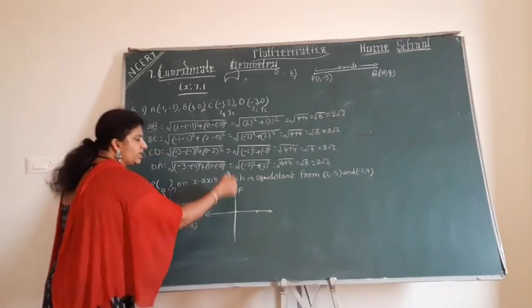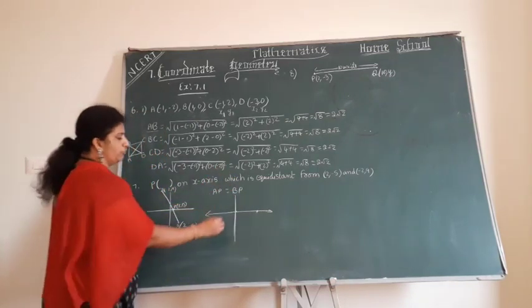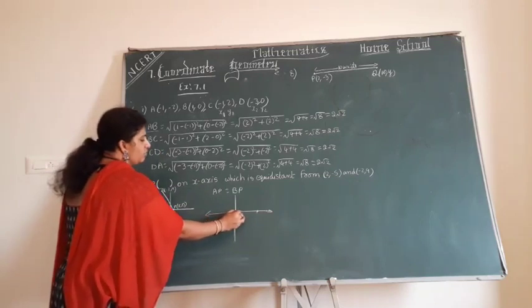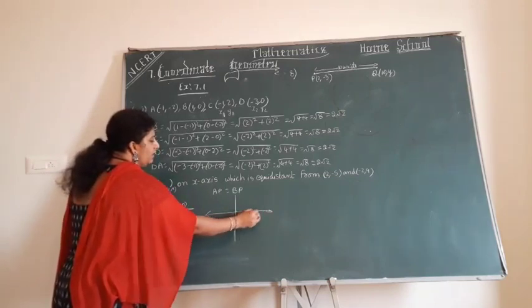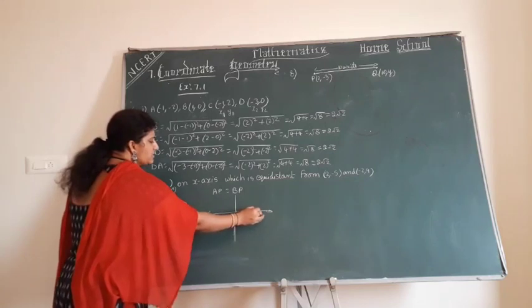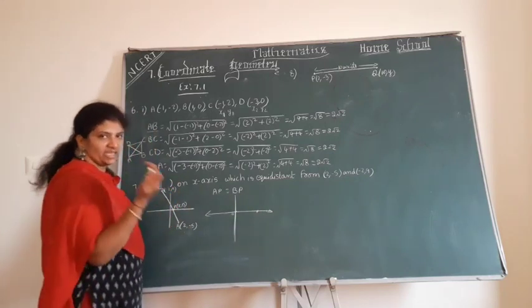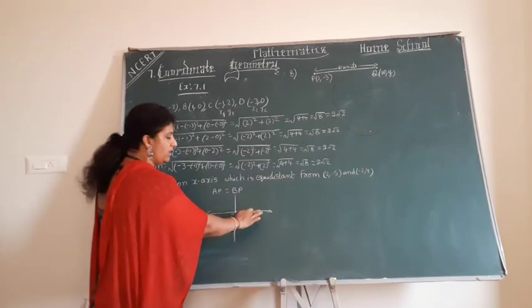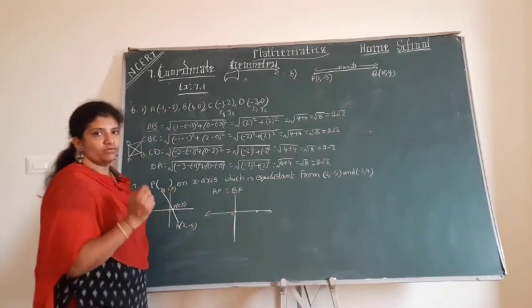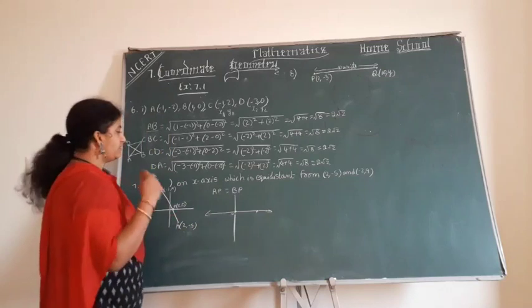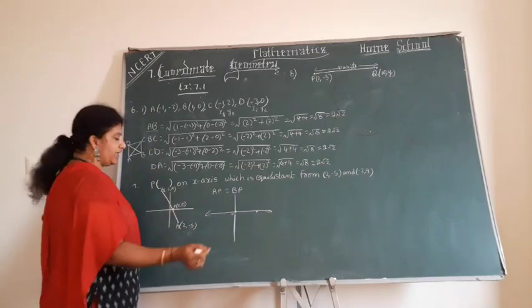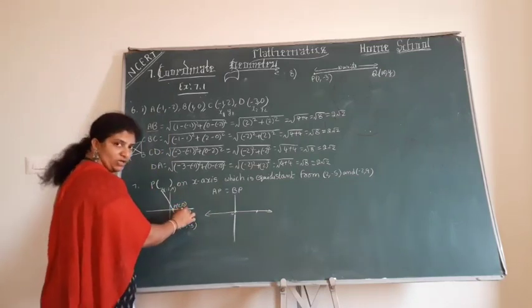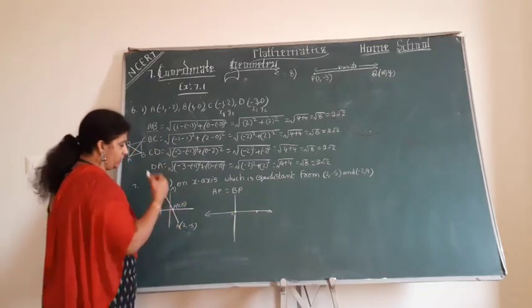But do you have any value on the y-axis? No. On the y-axis, it is at 0 value, meaning origin. The y-axis doesn't have any value, whereas the x-axis will have some number. At that time, how to choose this coordinate? If you say a point on the x-axis, x will have a value: x comma 0.